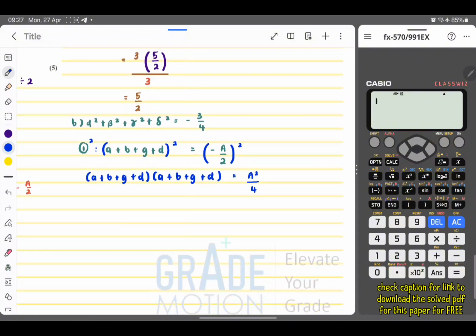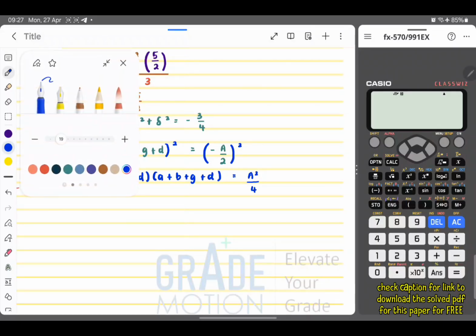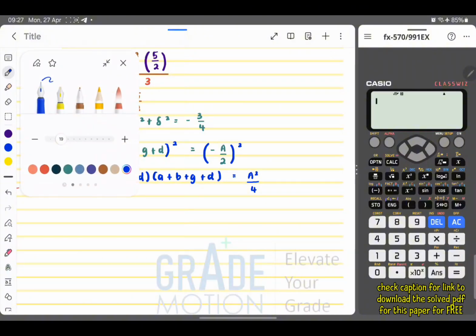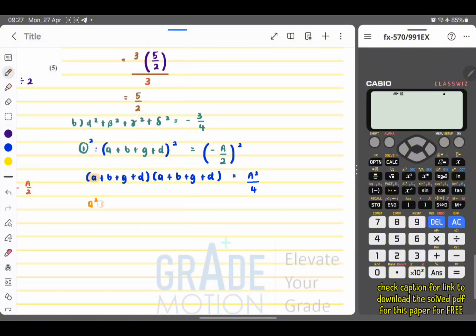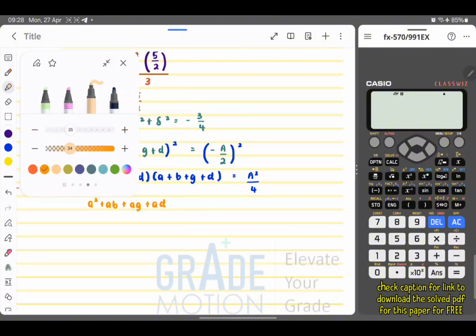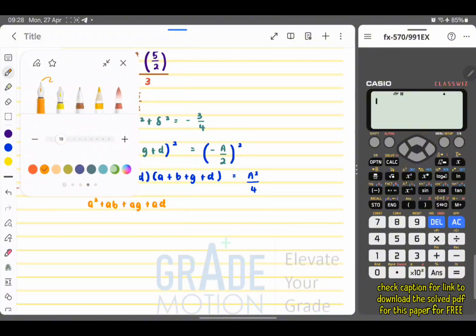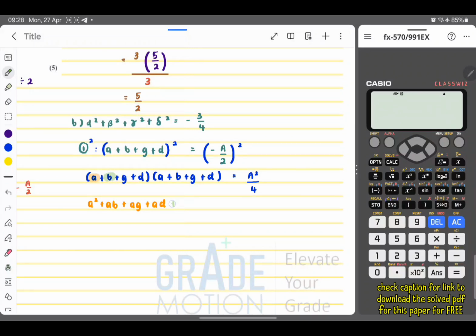Let's expand our left hand side. We will first consider A. That would be A squared plus AB plus AG plus AD. Next value, let's consider B. We will get plus AB plus B squared plus BG plus BD.